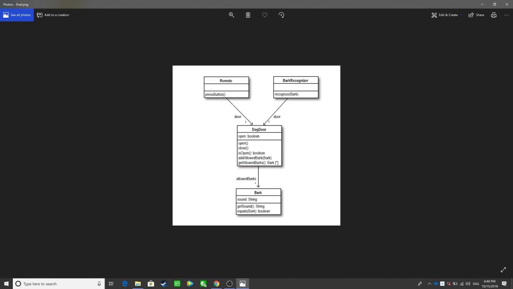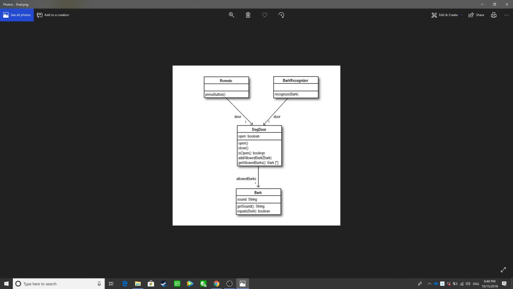This is another way to express the same meaning: the remote has an attribute door, and the type of the door is dog door.